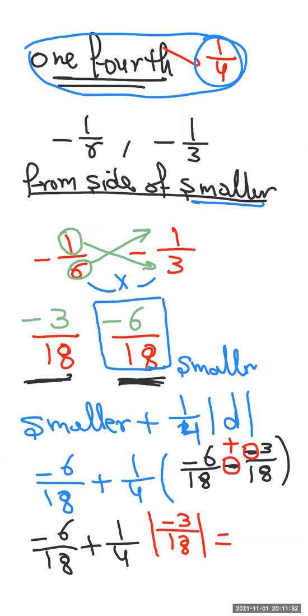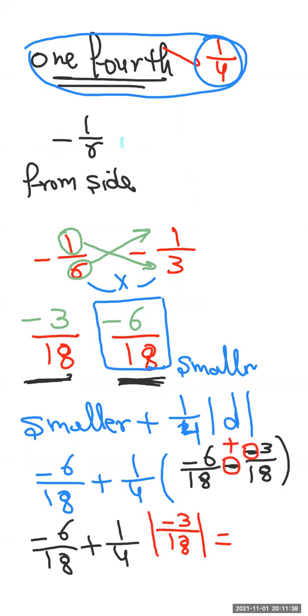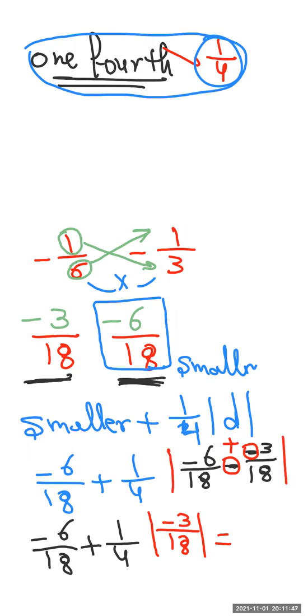So this negative we have to remove, because it is an absolute value, I meant absolute value, okay? So now it has to be -6 over 18 plus 1/4, then times 3/18 as a positive value.